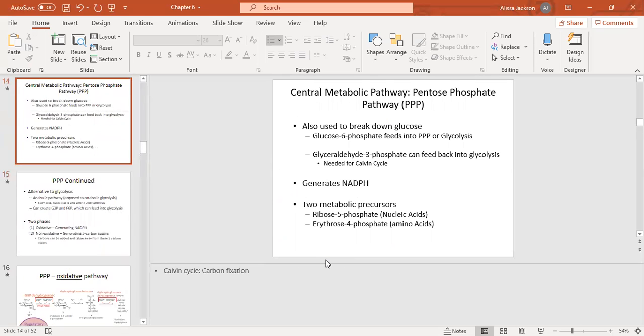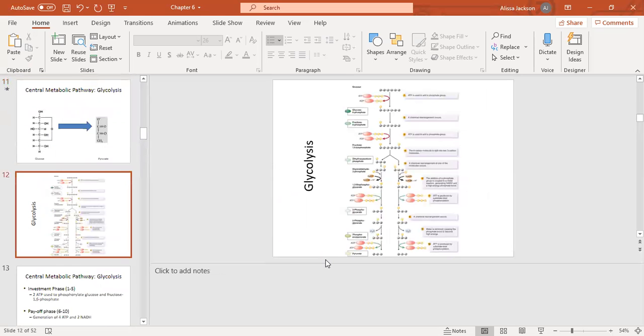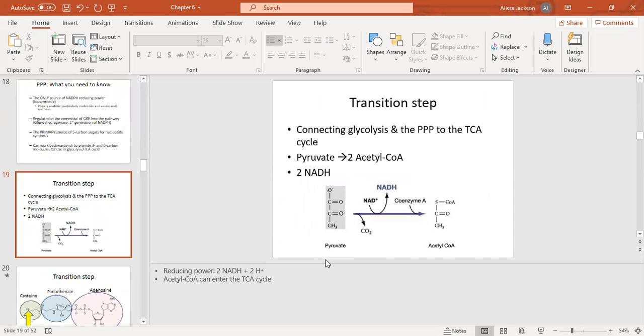I would say, let me find a picture. That's glycolysis. CoA is what, let's see. Yeah, CoA is what oxidizes pyruvate to acetyl-CoA. And so CoA, when it attaches to this 2-carbon acetyl group, it becomes acetyl-CoA, and that's what lets the carbon get into the TCA cycle.